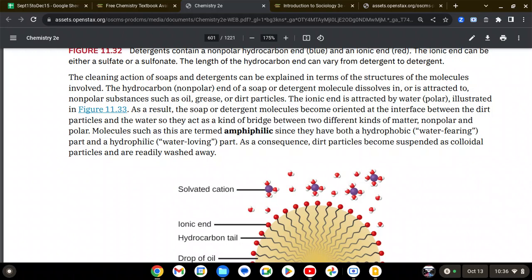As a result, the soap or detergent molecules become oriented at the interface between the dirt particles and the water, so they act as a kind of bridge between two different kinds of matter, nonpolar and polar. Molecules such as this are termed amphiphilic, since they have both a hydrophobic part and a hydrophilic part. As a consequence, dirt particles become suspended as colloidal particles and are readily washed away.